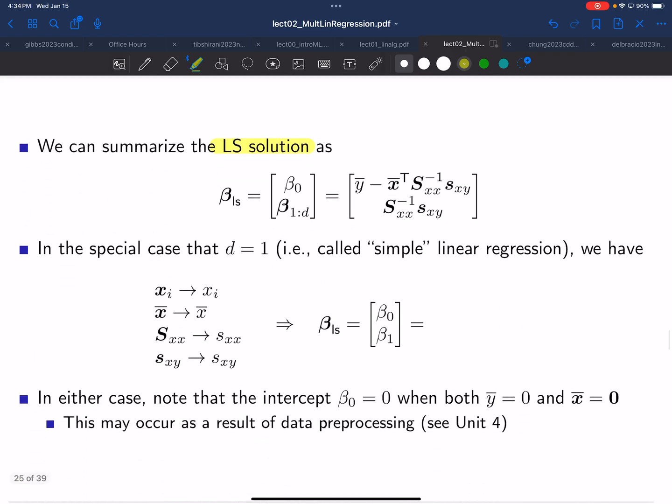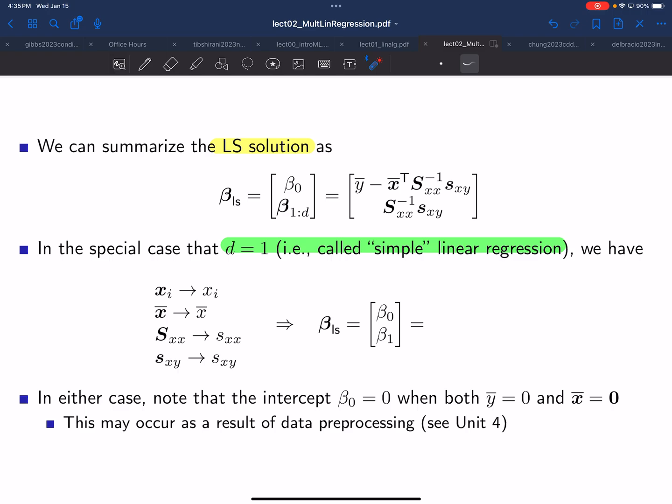All right, so let's think about a simple case, and it's actually called simple linear regression. And that is the case where there's only one feature. In that case, a lot of things simplify because this beta 1 through d is no longer a vector. It just has one coefficient in it, which is beta 1, if d was 1. And also this covariance matrix is no longer a matrix, it's just a scalar.